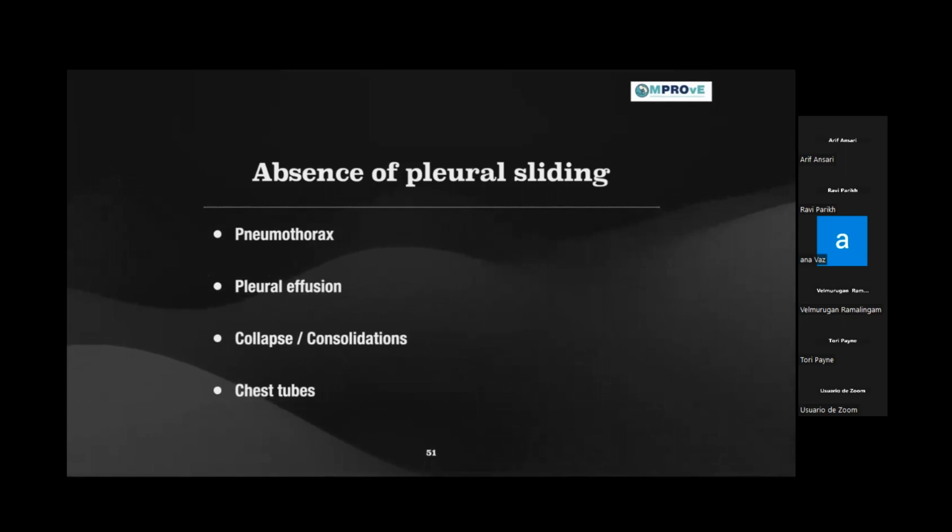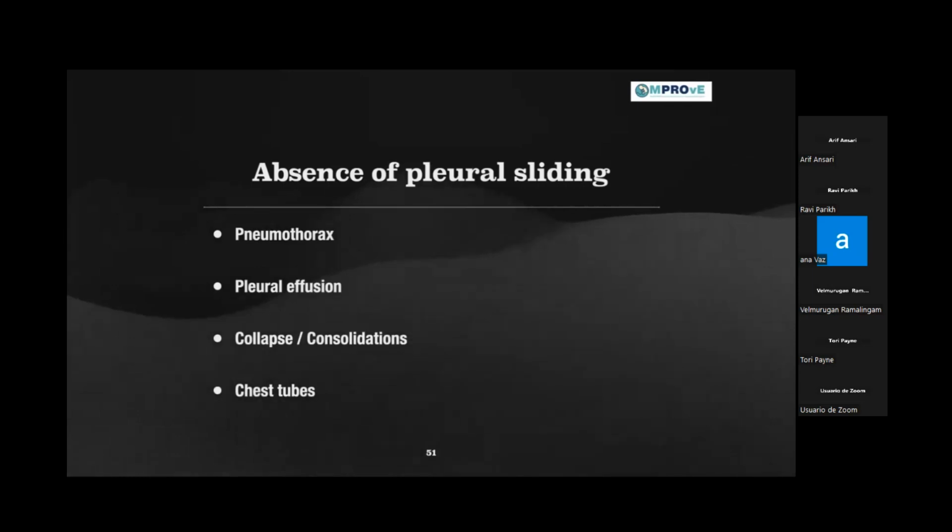In collapse and consolidations, you have your parietal pleura, visceral pleura, and you have this rubbing movement when the baby is inspiring and expiring. Instead of air, now it has either collapsed, or it has filled up with the gelatinous exudates here, giving rise to consolidation.